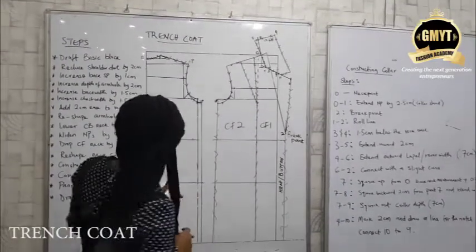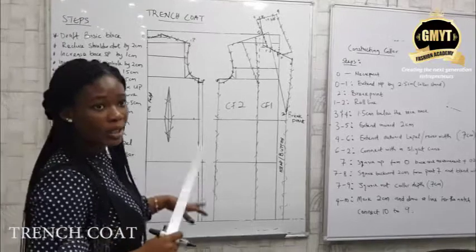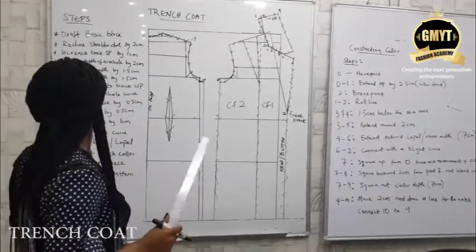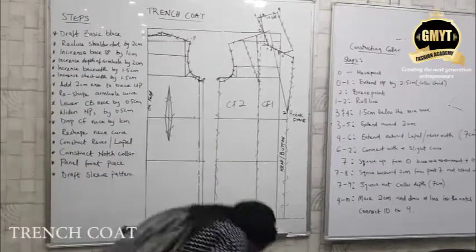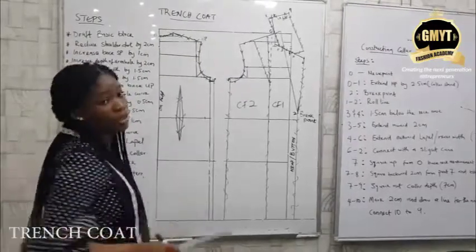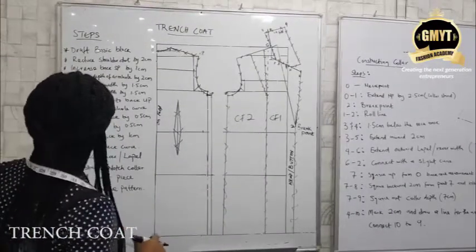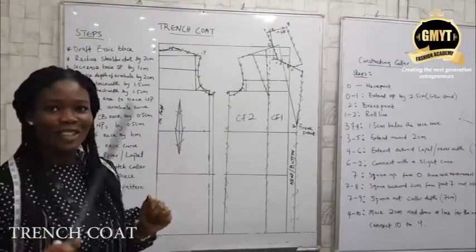And that is it for the jacket pattern. Then you draft your sleeve pattern with the new armhole circumference. So that's that for it.